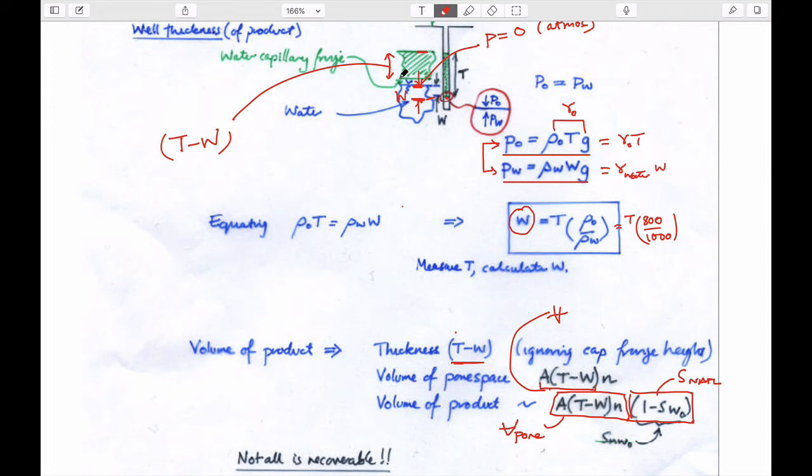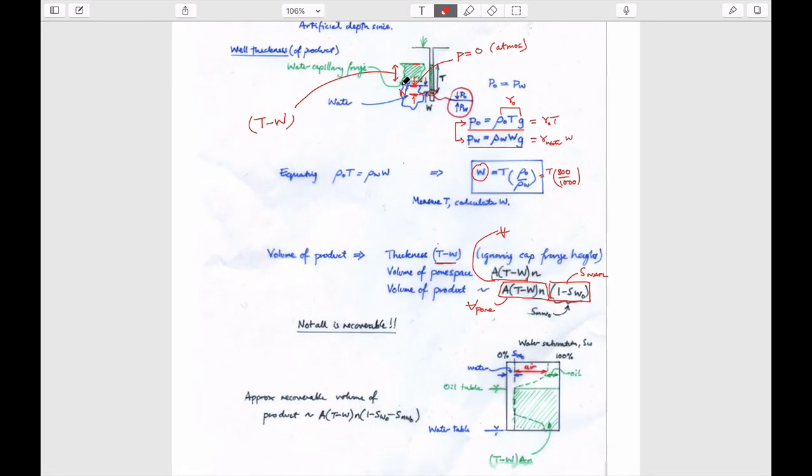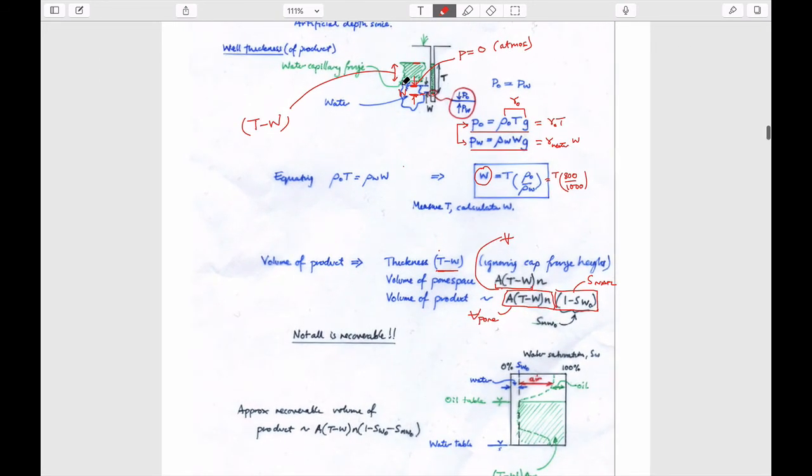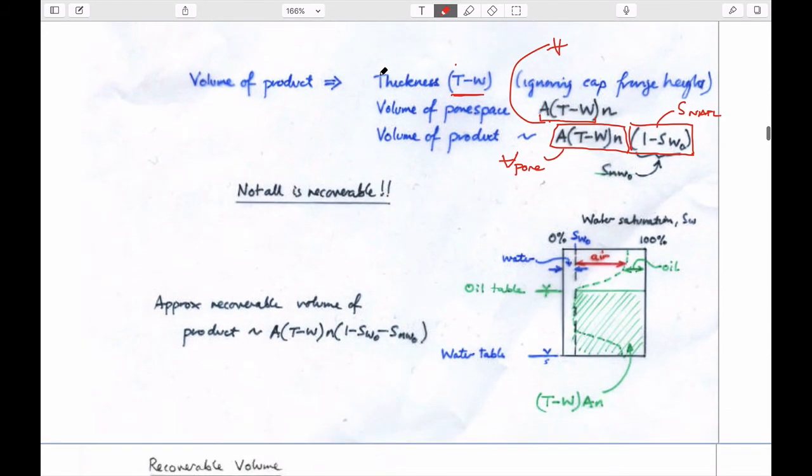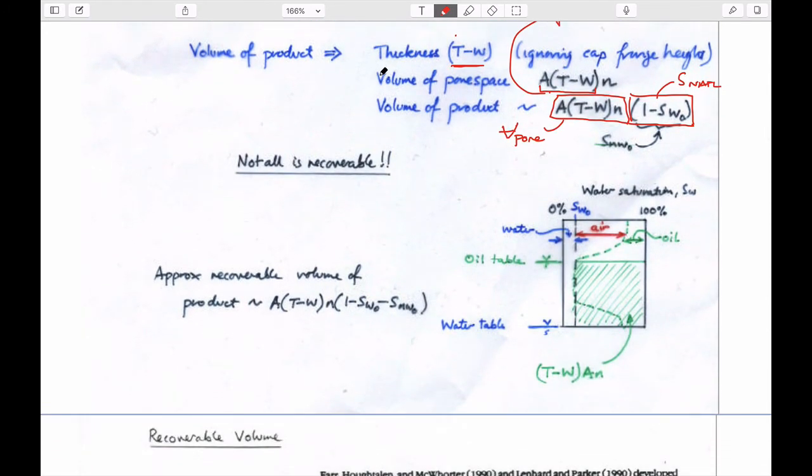Okay? And so if you want to see that in a geometry that hopefully makes sense to us, then that geometry would be this geometry underneath here. And so what we've just done is this calculation here is just the volume of the aquifer, the pore space in the aquifer.